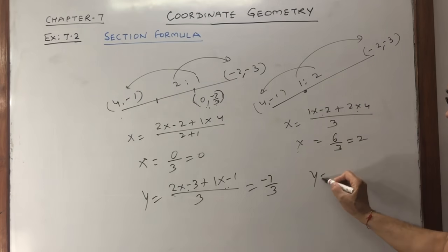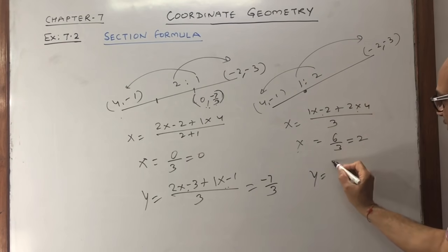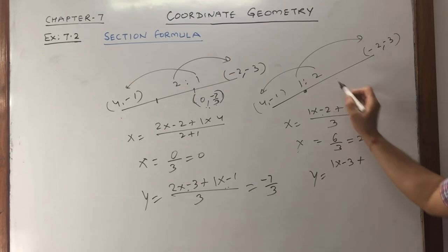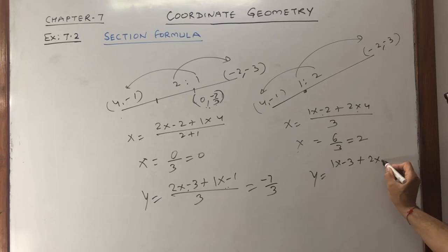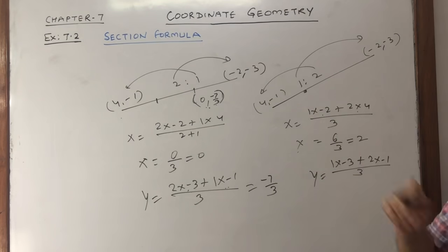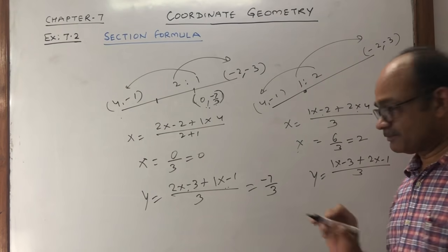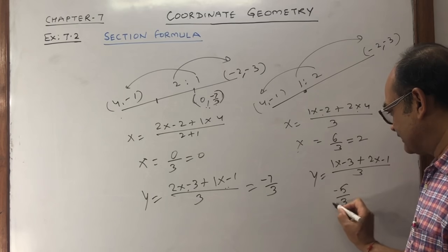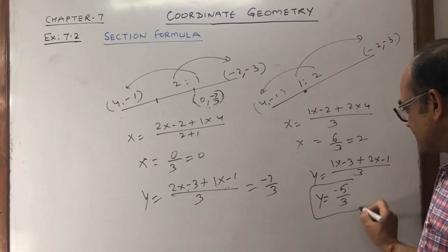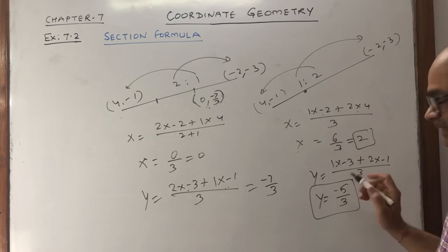Now what about y? 1 into minus 3 plus 2 into minus 1 divide by again 3. Minus 3 and minus 2, minus 5 by 3. Answer is 2 and minus 5 by 3.